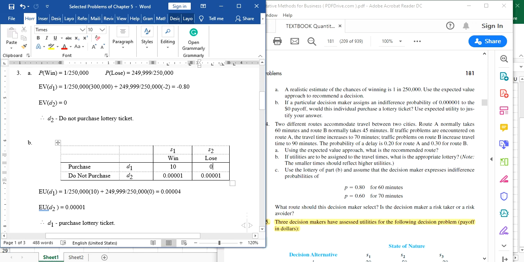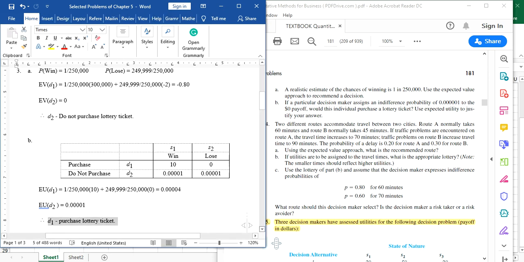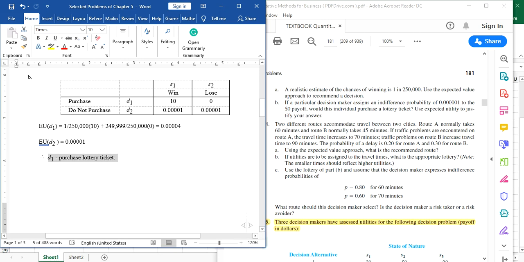And probability of not to purchase is this in both cases. So according to the utility, the expected utility of decision 1 is greater than the expected utility of decision 2. So yeah, if you apply utility approach, you will change your mind and you'll go to buy it.